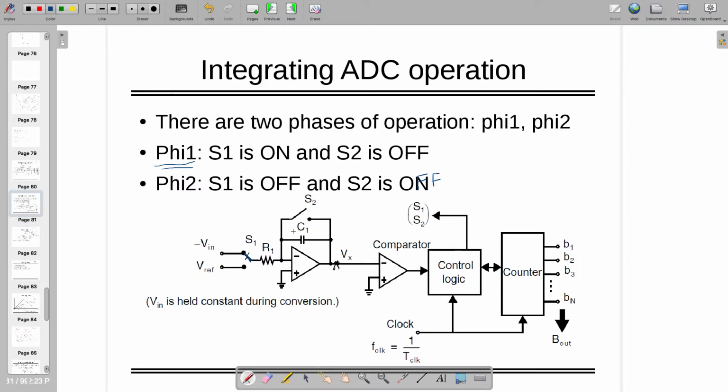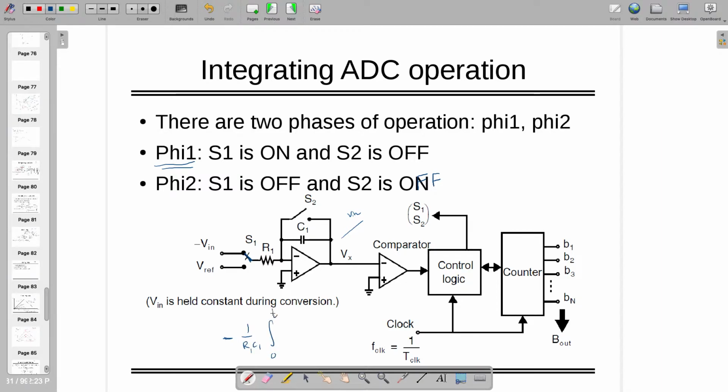So at the beginning we are keeping C1 at 0 charge at both sides. When it's connected to minus V in, this Vx point is going to reach V in, but as it is the minus side, its integration is minus R C1, right?